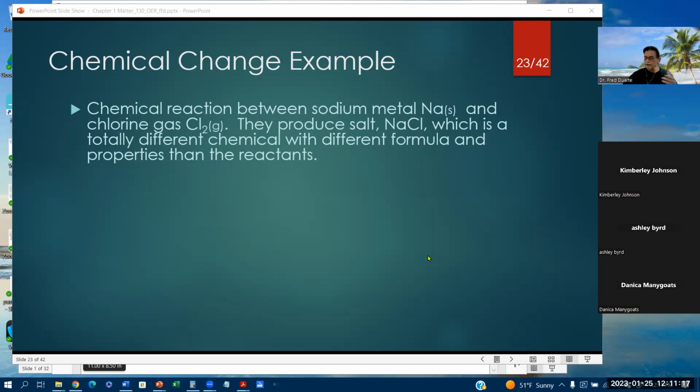When they react, they produce a salt that we're all familiar with, something that you put on French fries, good old-fashioned sodium chloride. Now, keep in mind, when we use the term salt, people tend to just think of sodium chloride, but that's not true with respect to chemistry.